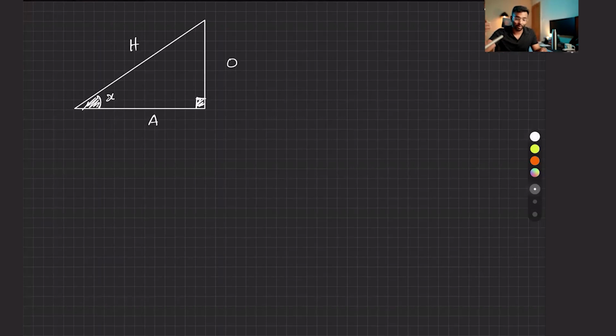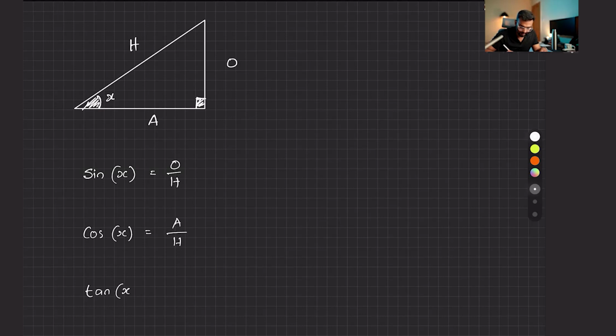If that is so, we have three trigonometric ratios to look at. Sine of X equals O by H. Then we have cos of X equals A by H. And then we have tan of X, which is O by A.